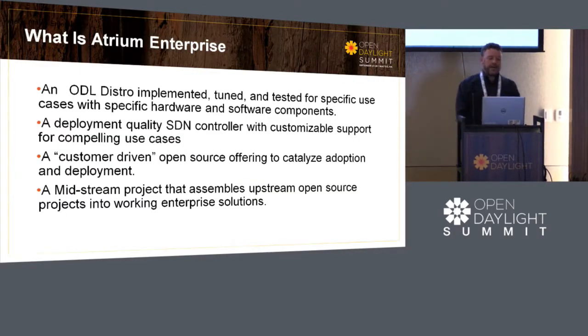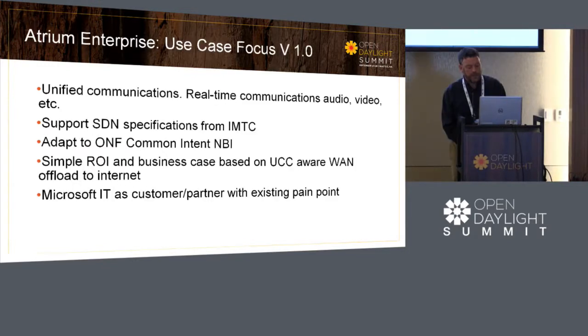Atrium Enterprise is a distribution of OpenDaylight that's been tested, integrated, and tuned for specific use cases, updated for how to integrate SDN with universal communications. The other thing is to adapt it to the ONF's common intent northbound interface.